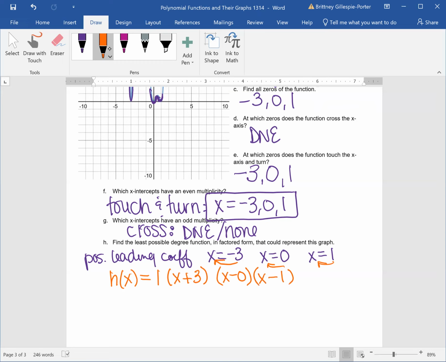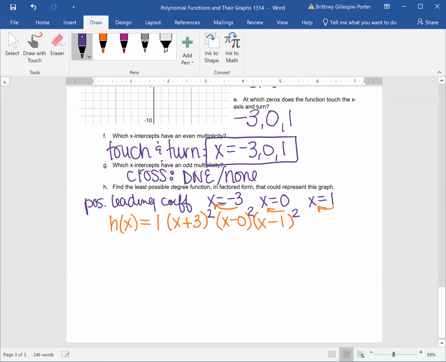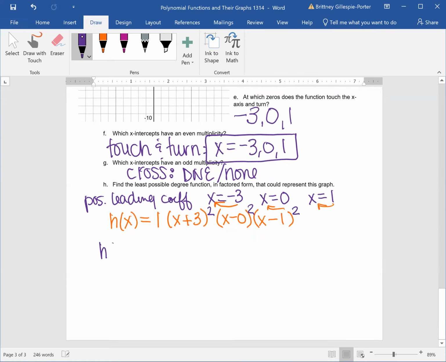Let's go ahead and put in some exponents. For our exponents, they are all even. And the smallest even number we know is 2. So we're going to have them all with squares. Let's clean this up a little bit.